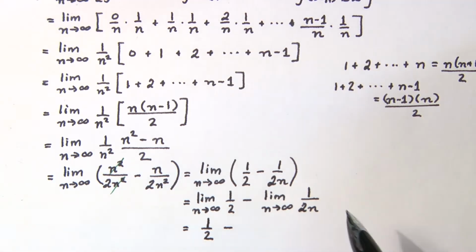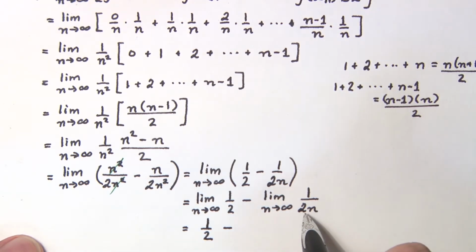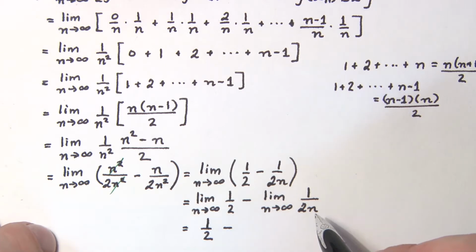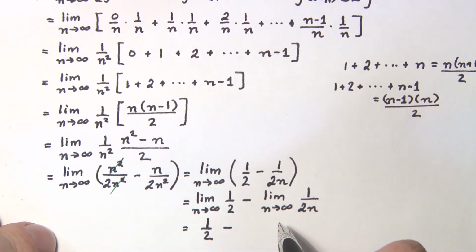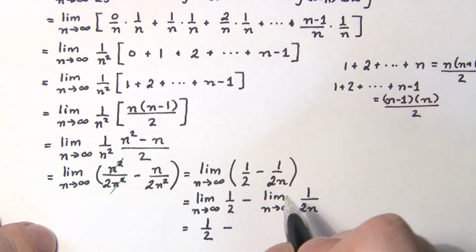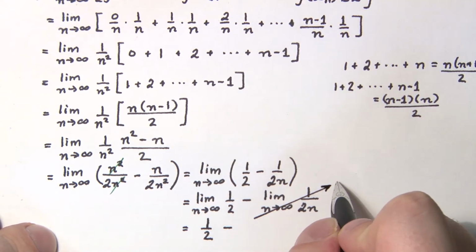You look at this as a fraction. As n gets really big, what happens? The denominator gets really, really big. If you put in n equals 1, that's 1/2. For n equals 2, you get 1/4. If you put in 3, you get 1 over 6. So what you're seeing is that this fraction is going to get really, really small if you make n really, really big. So that goes to 0.